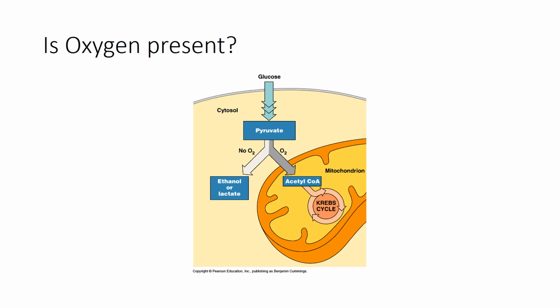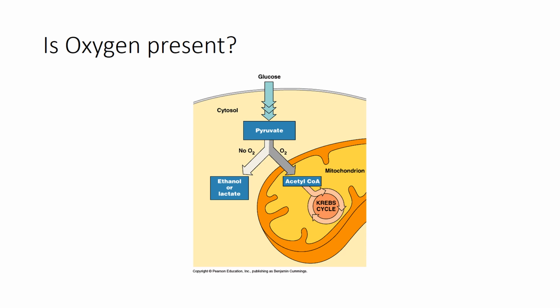So one of the key things that has to happen is that we have to have oxygen in our system in order to get the maximum amount of energy out of a glucose molecule. Now, we can still get energy out of a glucose molecule in the absence of oxygen. We're just not going to get all that much. We're going to be using that substrate level phosphorylation as we saw in the previous slide only. We're not going to use oxidative phosphorylation, which occurs in the mitochondria.